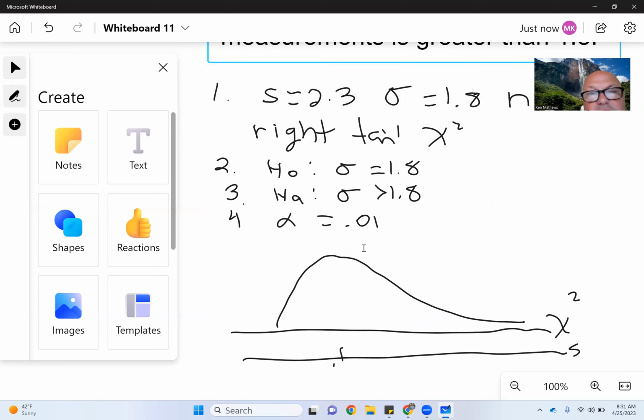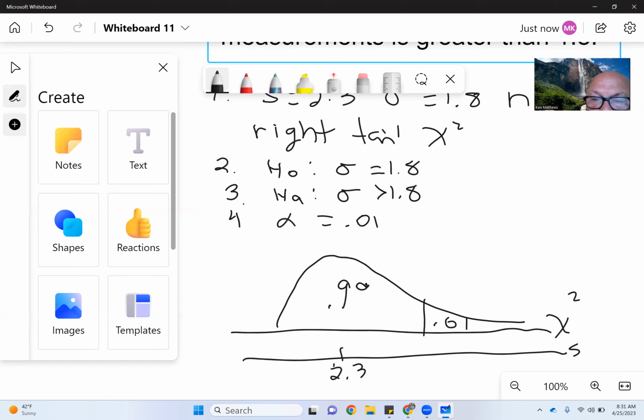That's what we're testing. And it's a right tail test. So this area is going to be 0.01. This area is going to be 0.99. Now, keep in mind, the area to the left of the partition is 0.99. That's what we're going to be looking for when we enter our data.